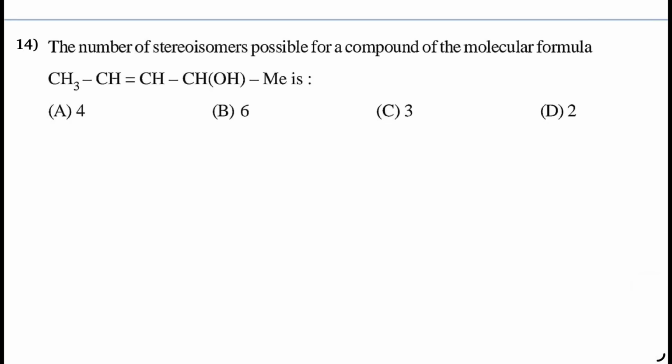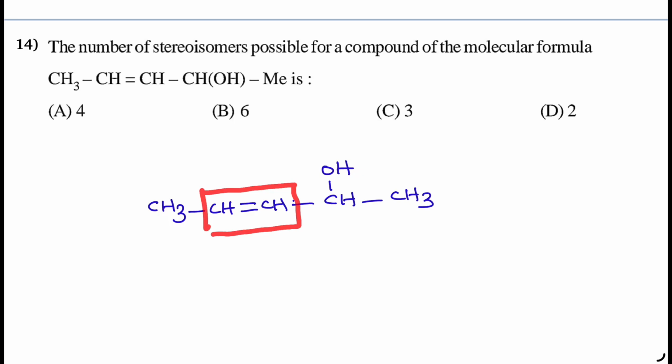In the next question, the number of stereoisomers possible for a compound of the molecular formula CH3CH=CH-CHOH-CH3, like this. In this we have one geometrical center and this is a chiral center.